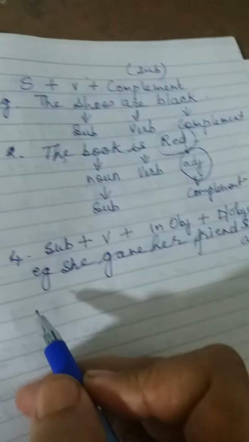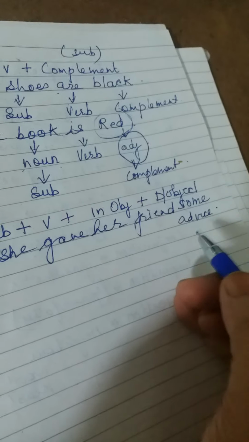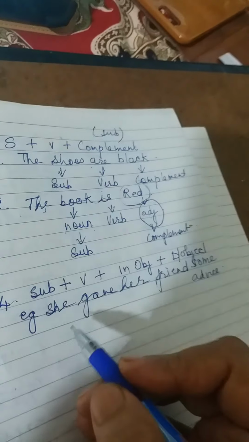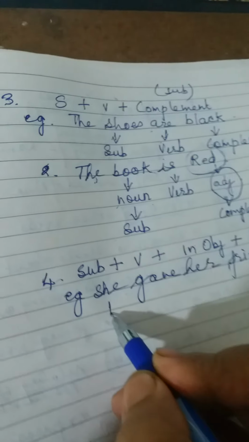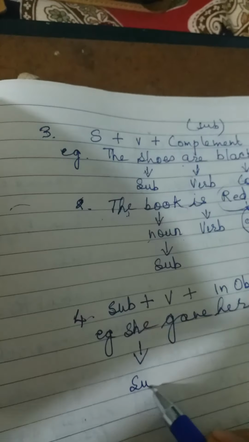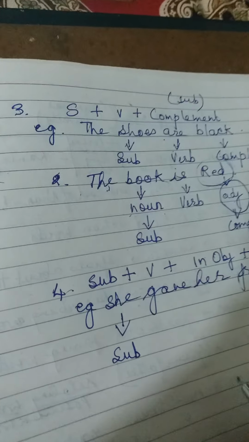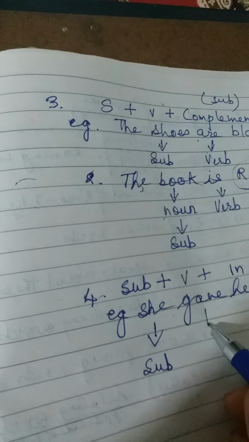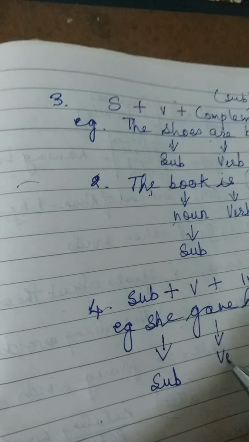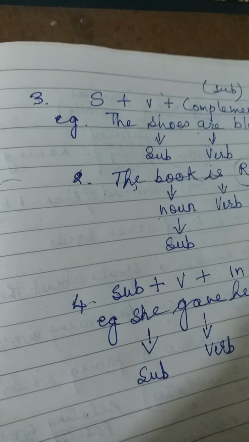So when I say she gave her friend some advice, what is she here? She is the subject, right? And what is gave here? Gave here is the verb.